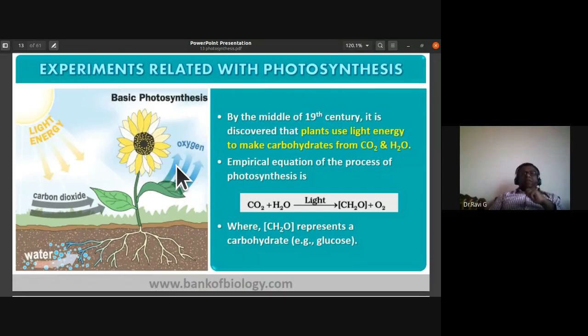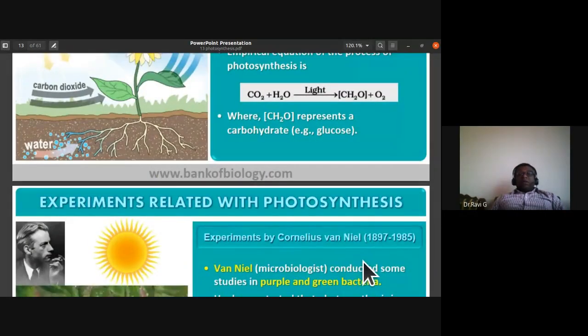So the empirical equation of the process of photosynthesis is carbon dioxide plus water, in the presence of light and chlorophyll pigment, producing a carbohydrate, CH2O, and oxygen is liberated, where CH2O represents a carbohydrate. They have not given it as glucose; it is just the general carbohydrate formula. It would be C6H12O6, which represents the carbohydrate glucose. So this is the overall reaction they were able to arrive at.